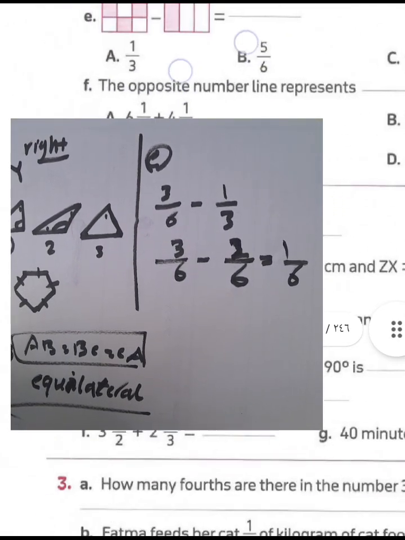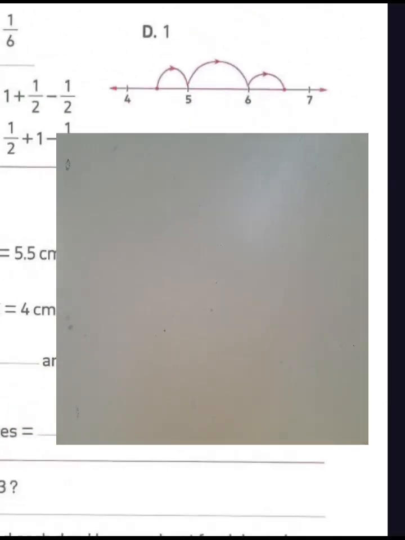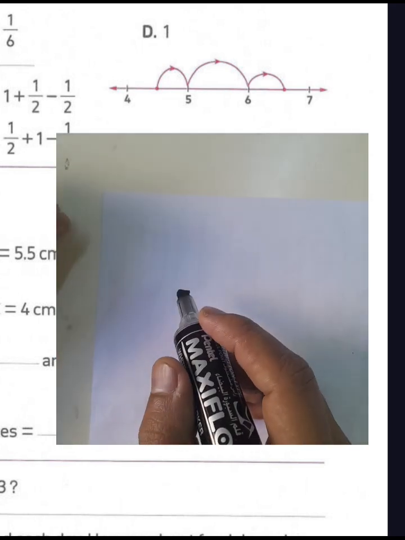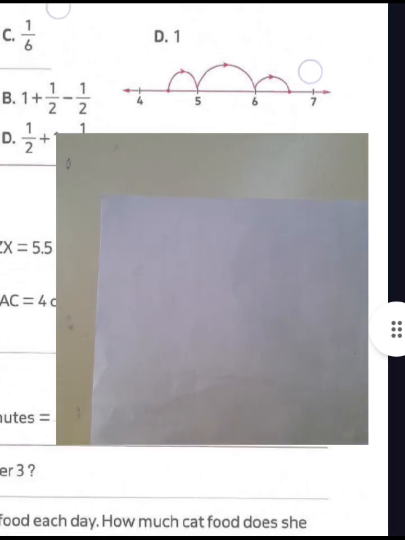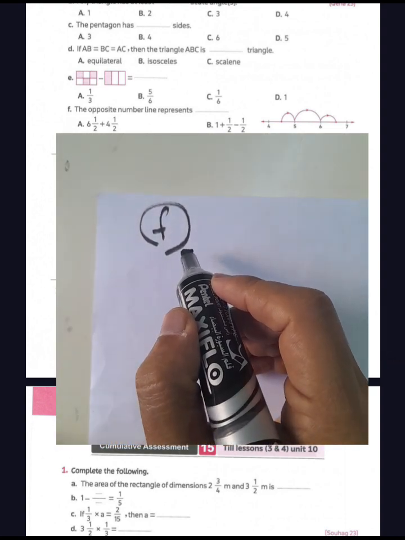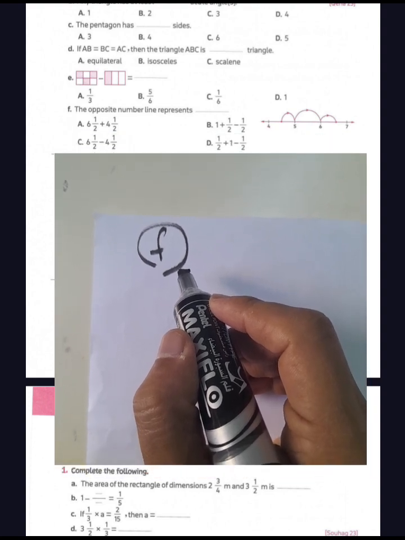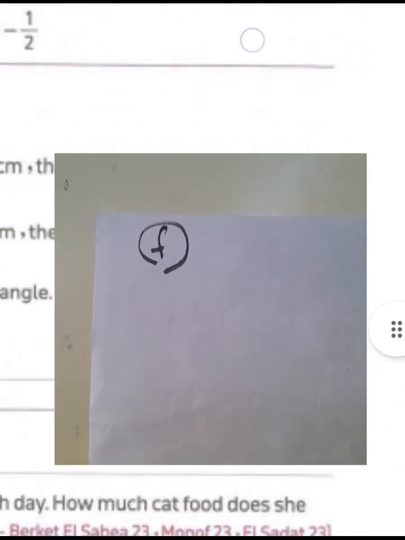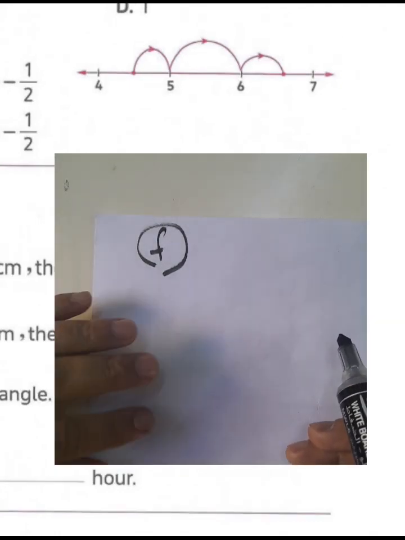Question letter F. The opposite number line represents blank here. We can write the operation. We want to find the example here, beginning from 4.5 and ending at 6.5.